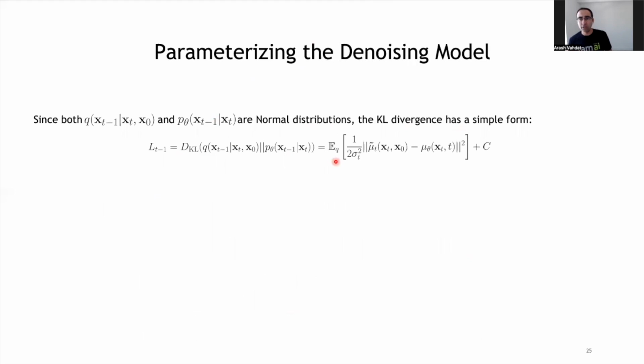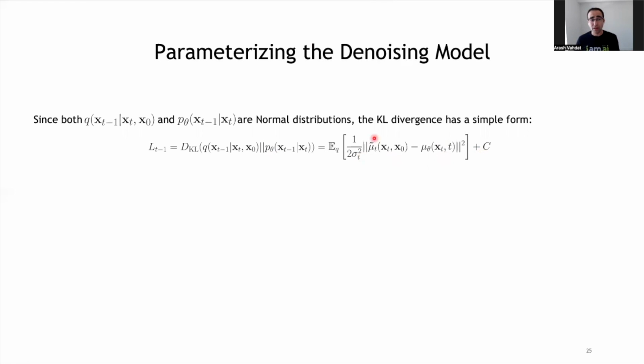The KL divergence can be computed analytically for two normal distributions, and we can show that it simply boils down to the squared L2 distance between the mean of this tractable posterior and the mean of the denoising model, plus some constant terms that we can ignore.